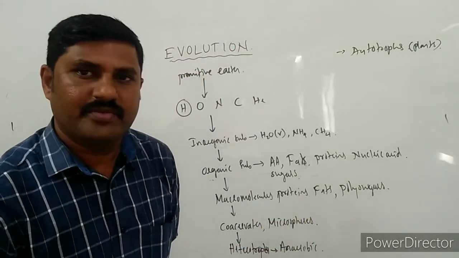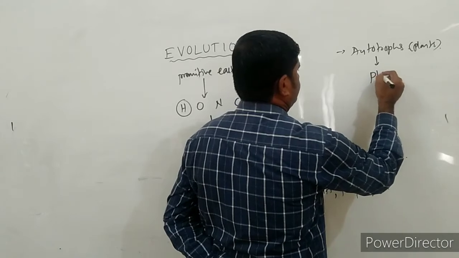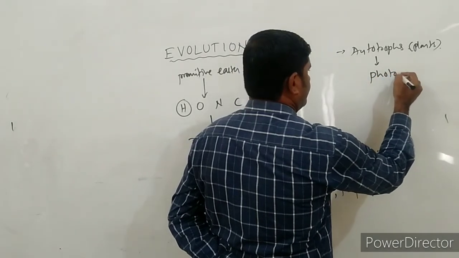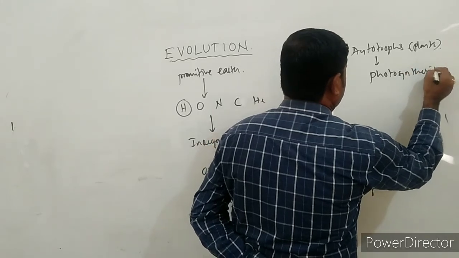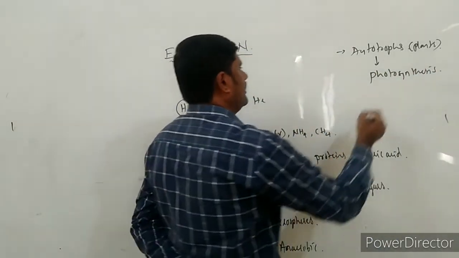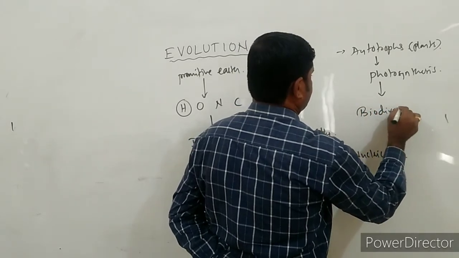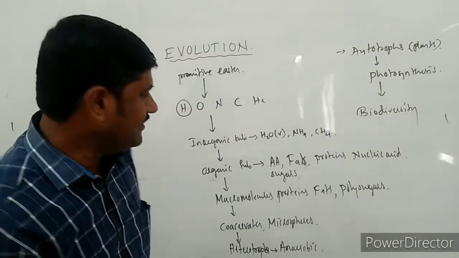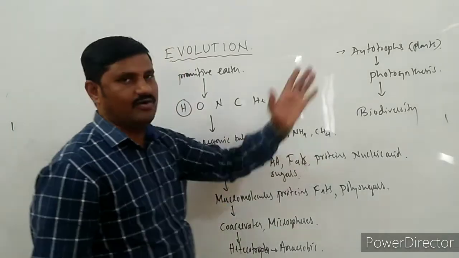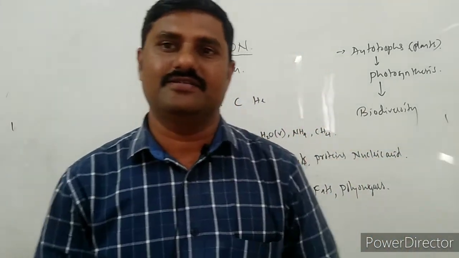So initially many plants started photosynthesis, and it leads to what? Biodiversity. It leads to what? Biodiversity. See, this is how the origin of life took place on this earth, right?